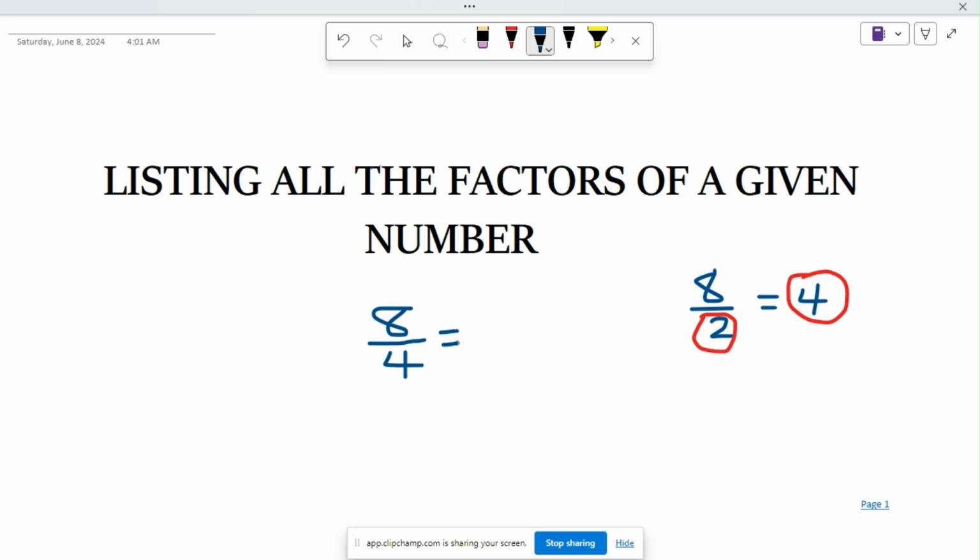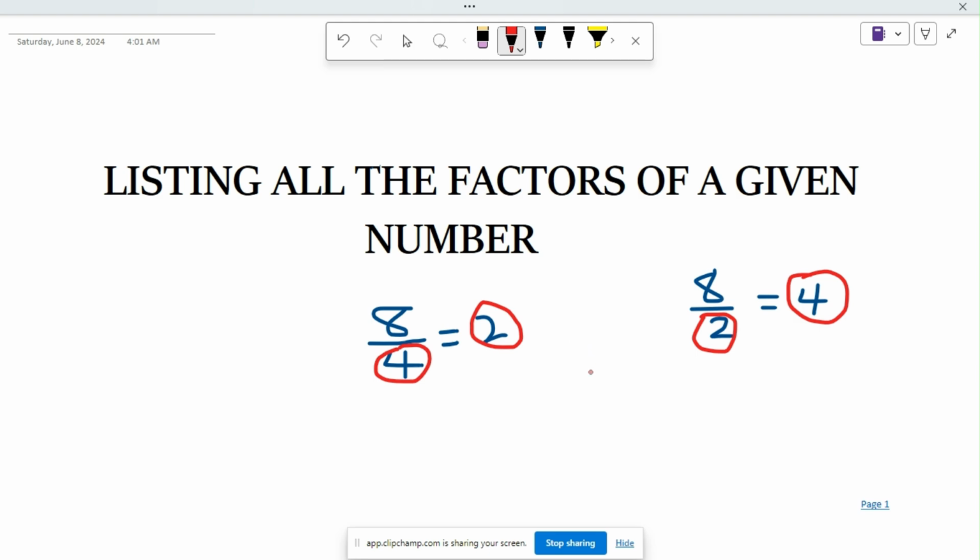You will obtain 2, and therefore 4 as a whole number is a factor of 8 and our outcome is 2. Then you should know automatically that 2 is also a factor of 8. So at once you have 4 as a factor dividing 8, and our outcome, which is our answer, is also a factor of 8. So this is what was discussed in the first video.